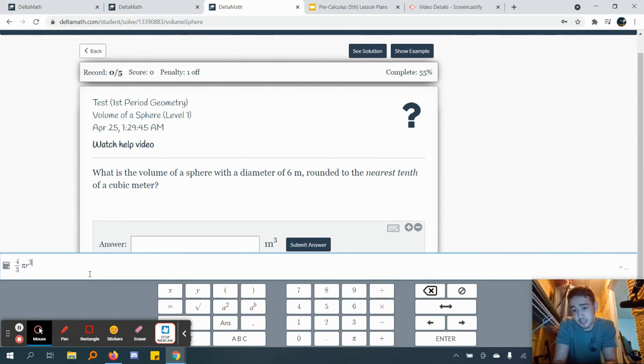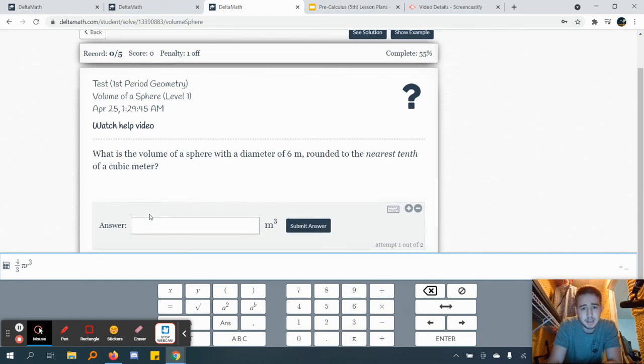Unfortunately, it's 4/3 times pi r cubed, and I'm not really sure why, aside from that's just how it is. I'll look into it sometime. Either way, we're going to just place the radius into this formula. Diameter is 6, radius is 3. So 113.09 rounds to 1.